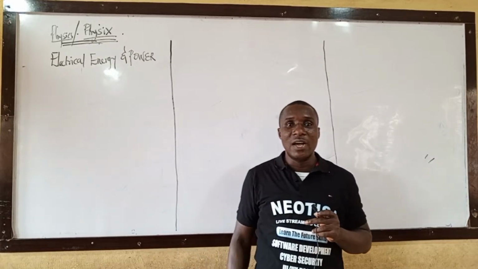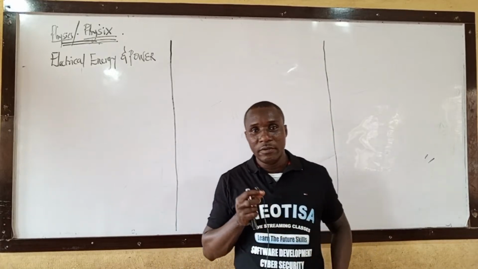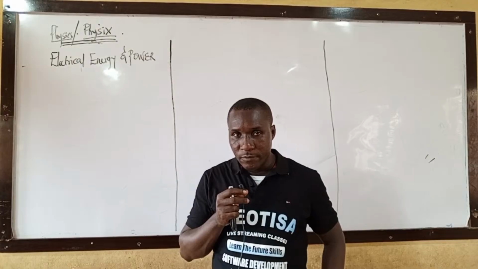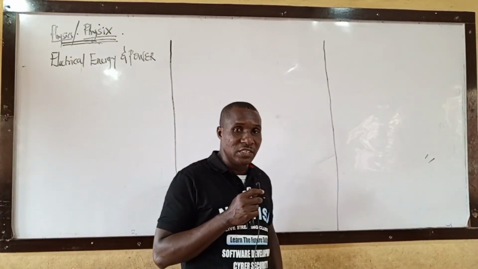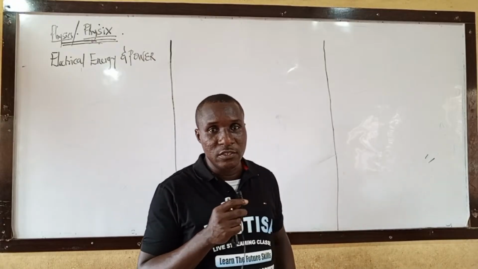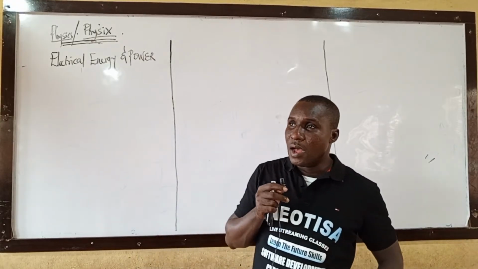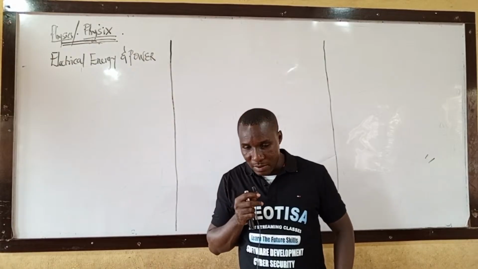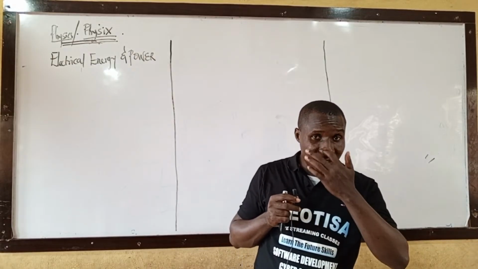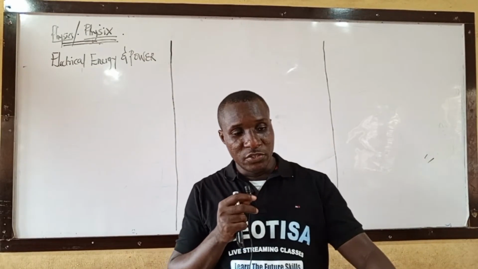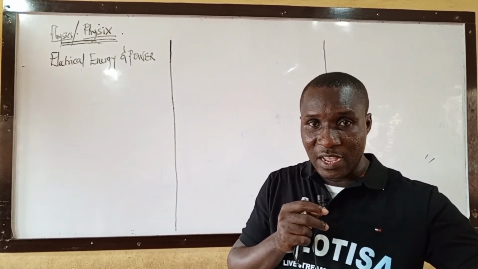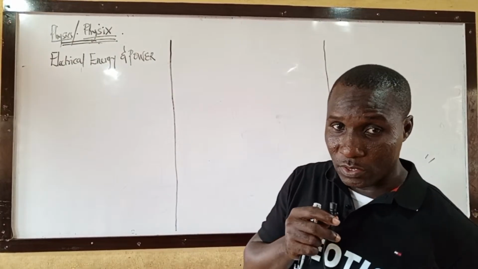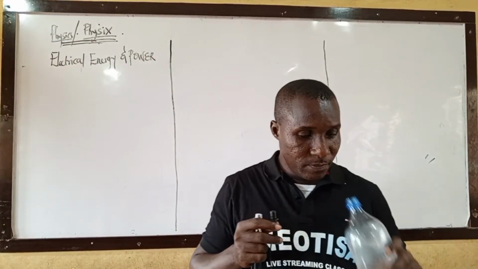And we shall look at a device called fuse. Then we shall still talk on factors affecting sensitivity of voltmeter and ammeter. Those are the things we shall discuss in the next 45 minutes, because I believe that this class must not take more than 45 minutes.